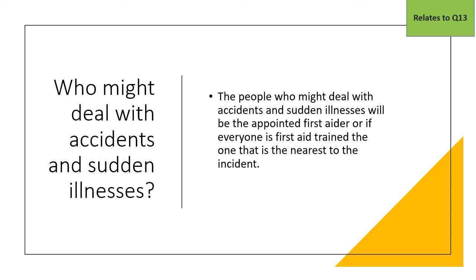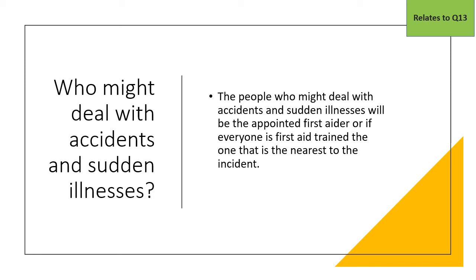So that means that, like I said earlier, usually in a childcare environment, everybody will be first aid trained, paediatric first aid trained, but it's important that you know who is first aid trained, and it's also important that you know who is a designated first aider, because in some settings you will need to go to the specific designated first aider, but it's really important that you know who deals with that.